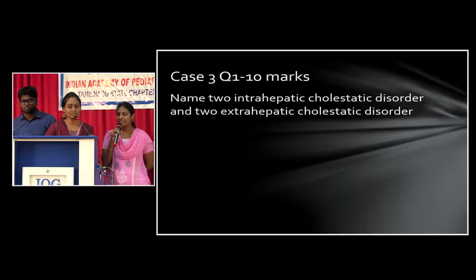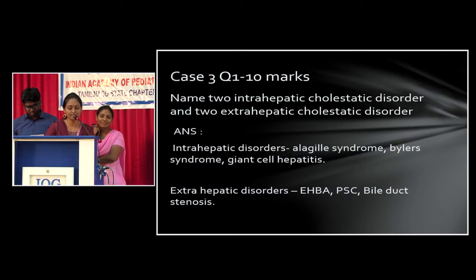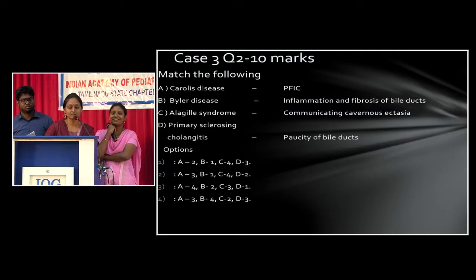Polycystic disease, biliary atresia, yes, for extrahepatic. Very good. So Alagille syndrome, Byler syndrome, and giant cell hepatitis are intrahepatic; extrahepatic examples are biliary atresia, primary sclerosing cholangitis, and bile duct stenosis. 10 marks. And next question: can you match the following?